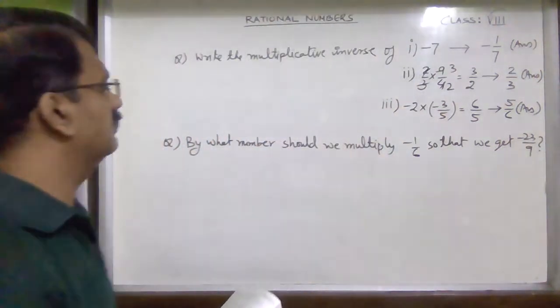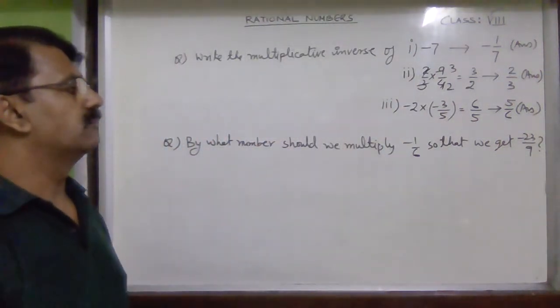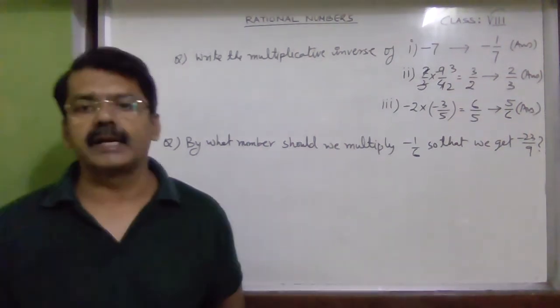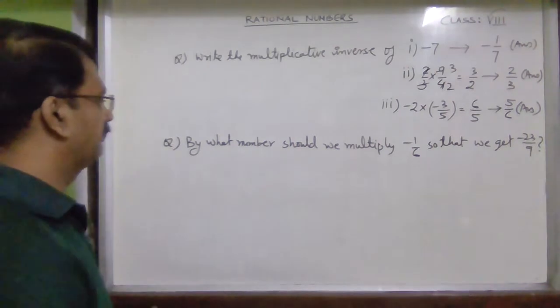So by what number should we multiply minus 1 by 6 so that we get minus 23 by 9?